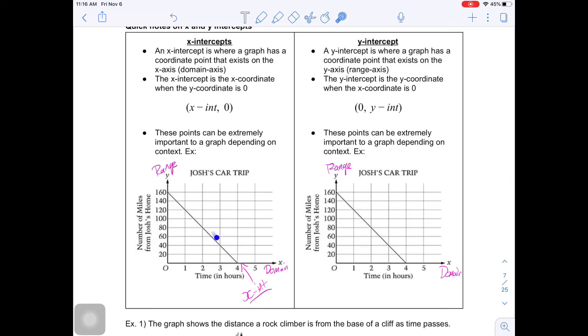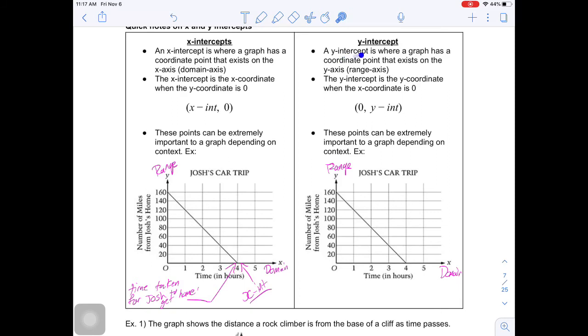It takes him 4 hours to get home. That's what this x-coordinate represents. This x-coordinate is the time taken for Josh to get home. And that's what the x-intercept represents.